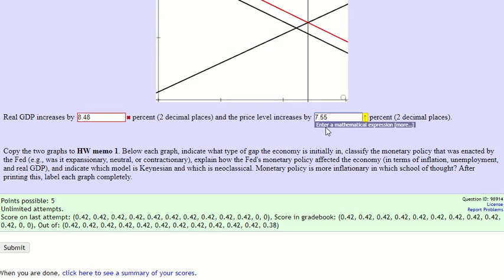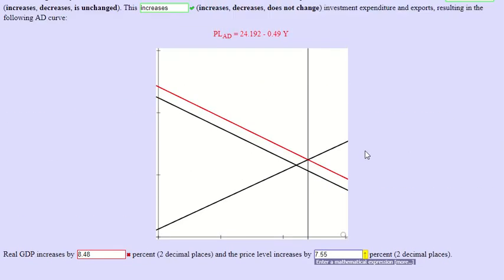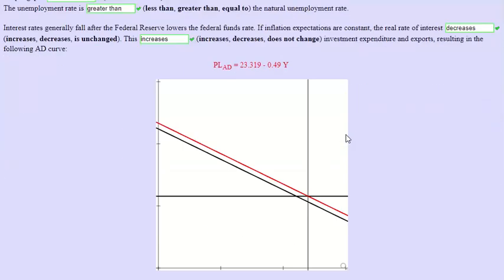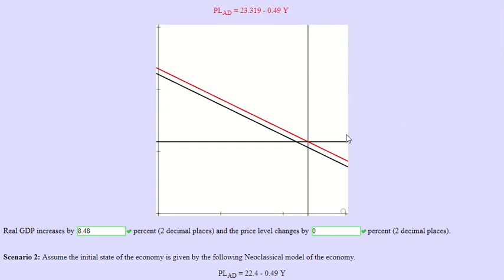So the Neoclassical model says, yeah, if you want to do this with monetary policy, there is a cost. We're going to pay higher prices collectively. And I hit enter and I get all the correct answers. So in review, there is no inflation in the Keynesian model. Monetary policy is good, lowers unemployment, increases GDP, and does not affect the prices that people pay.